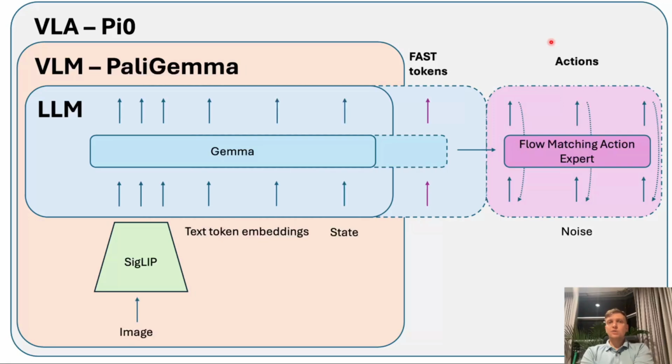But what is interesting, and what is actually unique for Pi0, or at least not so widespread, is how this flow matching action expert is connected to the LLM, or the VLM part. Because it's not simply using cross attention to look at the output of the VLM. It's connected on every layer, and this flow matching part is not fully separated from the LLM.